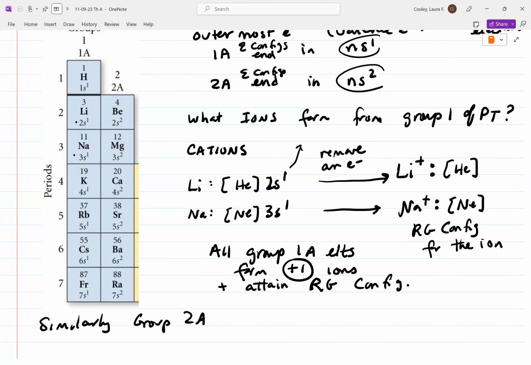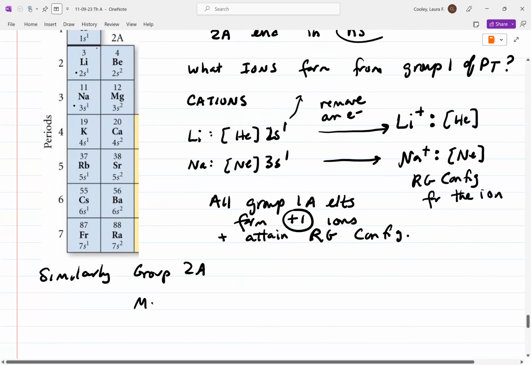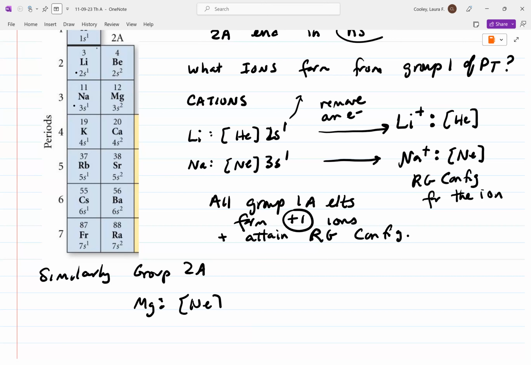Okay, so let's take a look at magnesium. What's the electron configuration of magnesium? You look on the periodic table, you can look on this thing too, because it gives it to you. But magnesium is at the beginning of the n = 3 shell. It's filling. So you could go back to neon, and it's filling the n = 3.